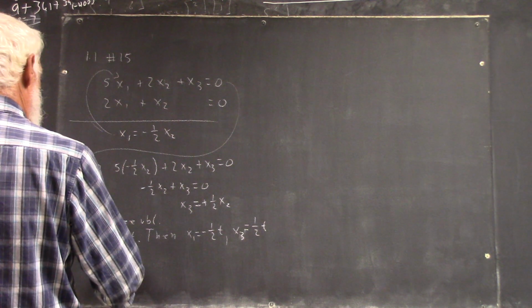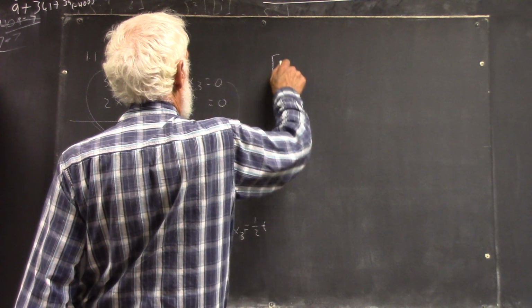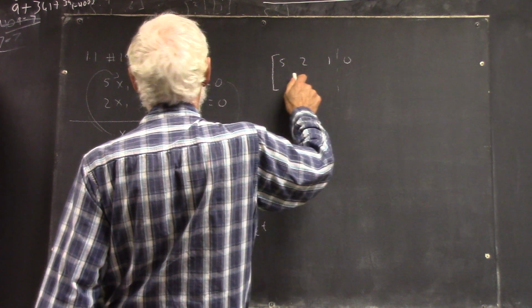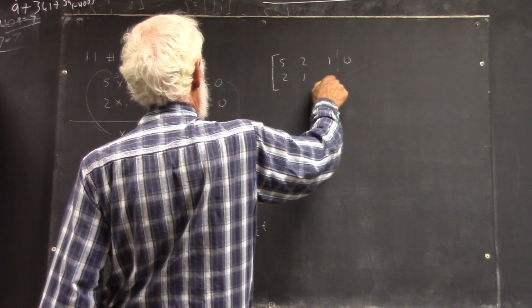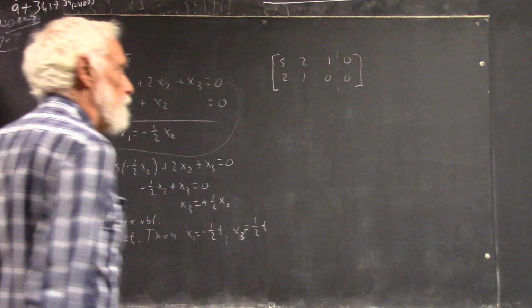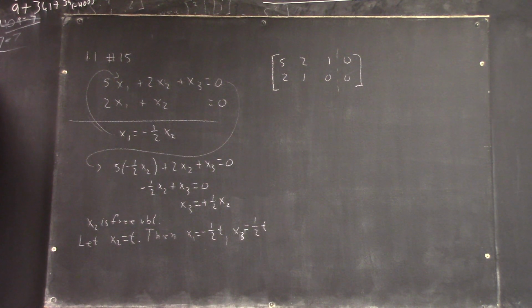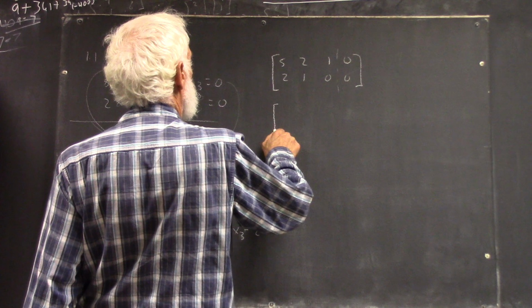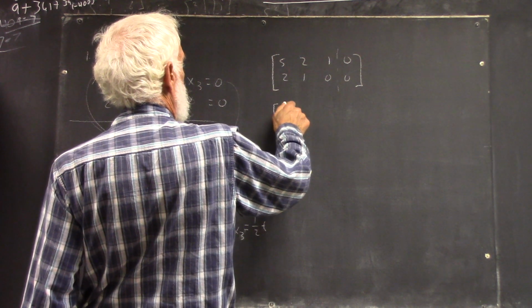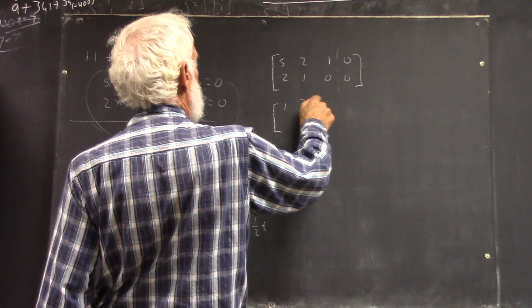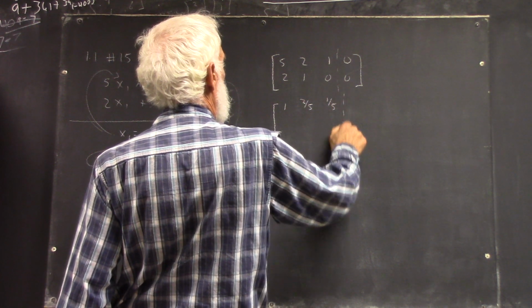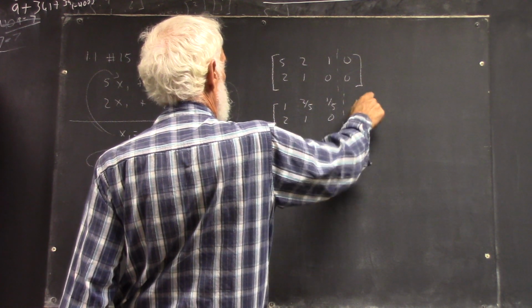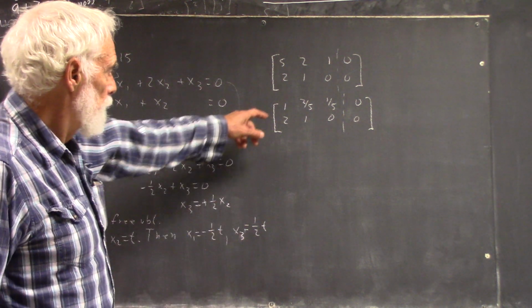How does that relate to the matrix you can reduce to solve the system, right? Well, if you reduce this matrix, you take 1/5 of the first row, you get 1, 2/5, 1/5, 0, and you get 2, 1, 0, 0, getting your leading coefficient here.